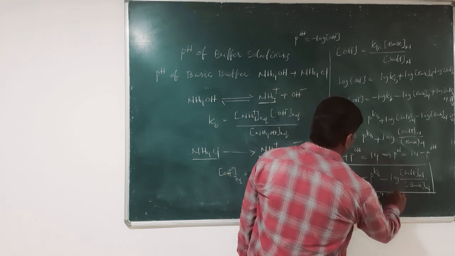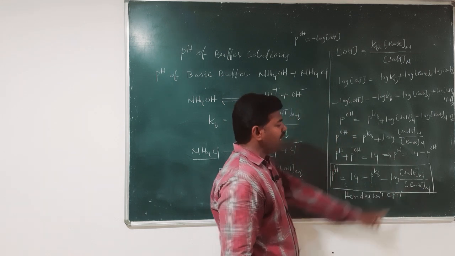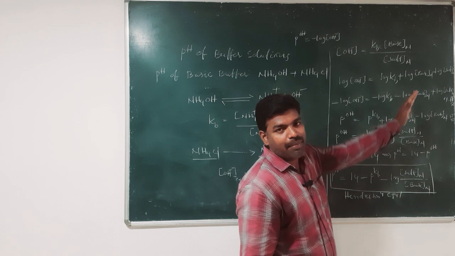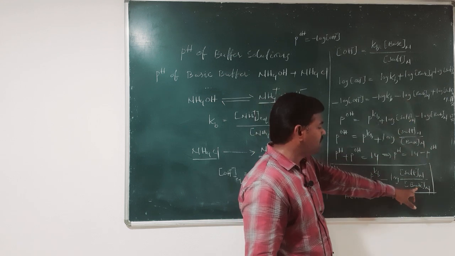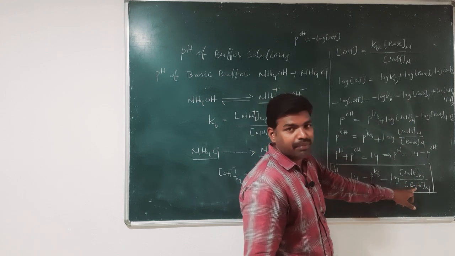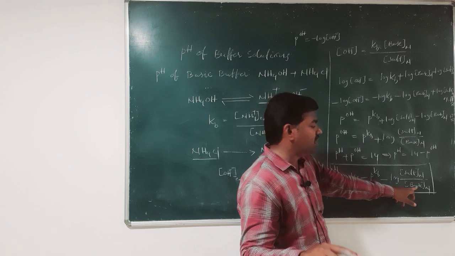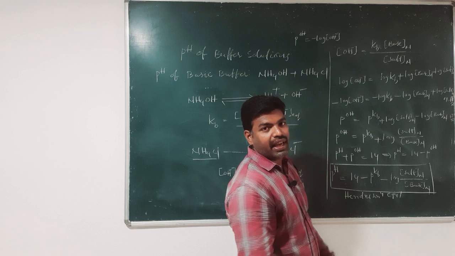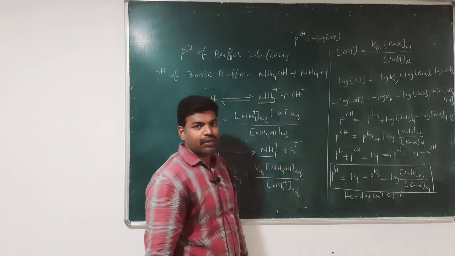And again we can write this concentration of salt in normality, that is, gram equivalents by volume, and this concentration of base can be written as gram equivalents of base by volume, as in the case of acidic buffer. Okay.